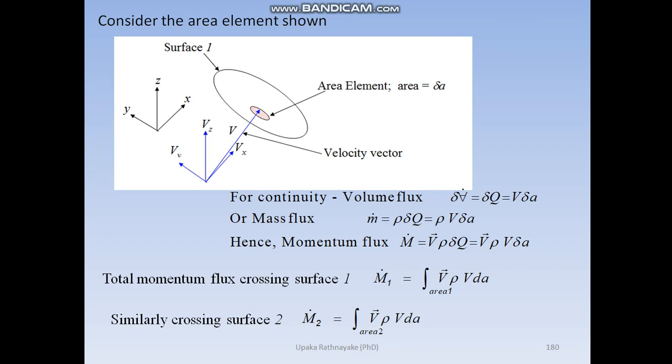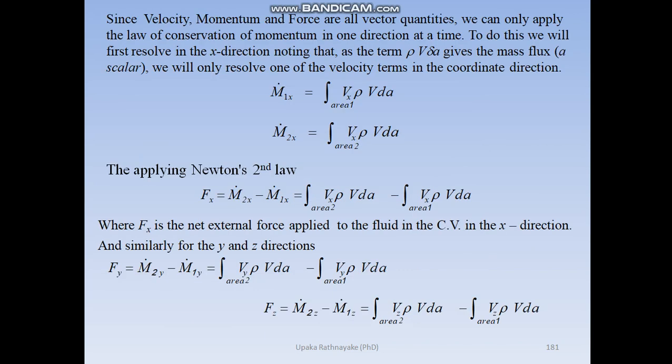So F is therefore the integration over area 2 of v rho v dA minus the integration over area 1 of v rho v dA, considering the directions. Therefore, we need to include the direction in the equations.